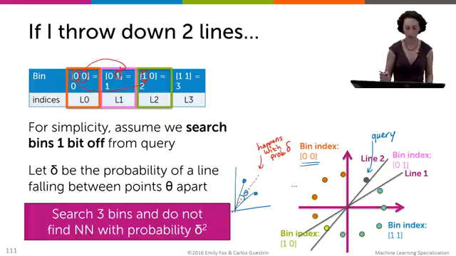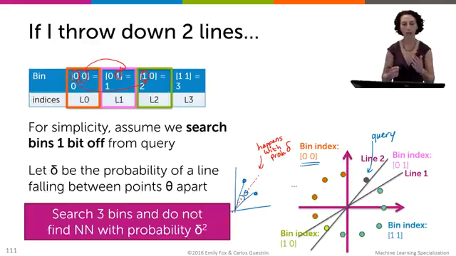Okay, then what we're saying here is that in this case, we're going to search 3 bins. We're going to search our query bin and the 2 neighboring bins where we flipped just 1 bit. And the chance that we're not going to find a nearest neighbor within these 3 bins is delta squared, because it's the chance that 2 lines, not just 1 line, divide our query point from its nearest neighbor.